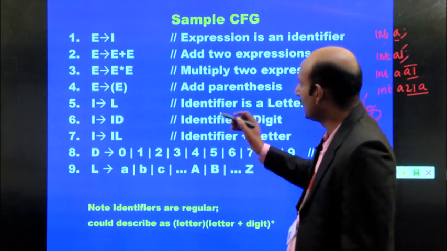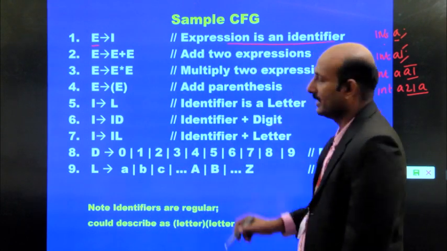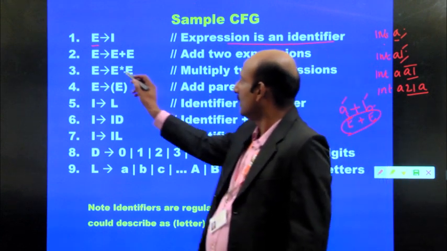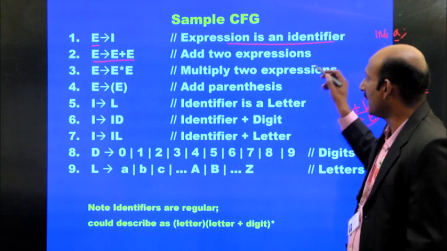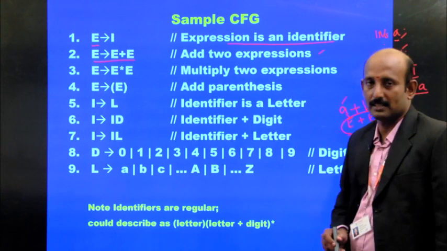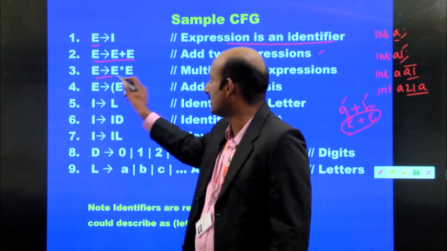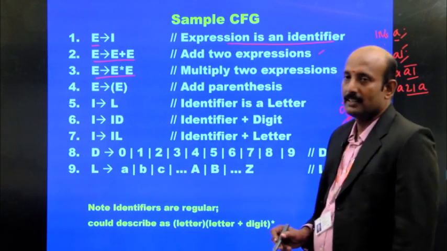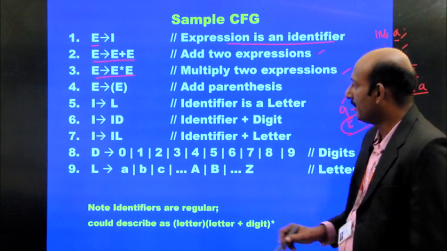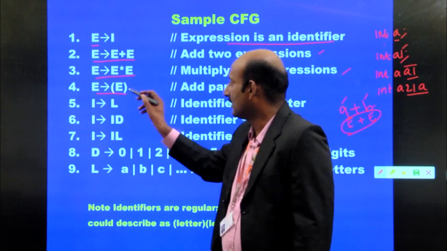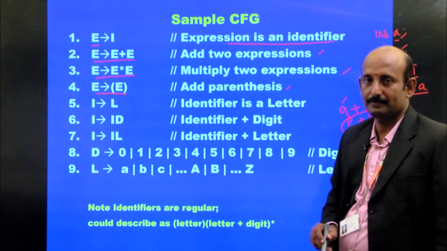So that is what they mention here, where E, the expression, may be in the form of E implies E plus E, that is adding two expressions. Then we can do all the arithmetic operations. E implies E star E is the multiplication of two expressions. And we may add parentheses within these expressions.